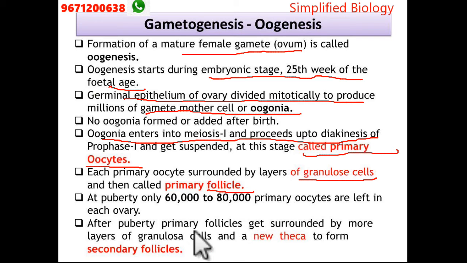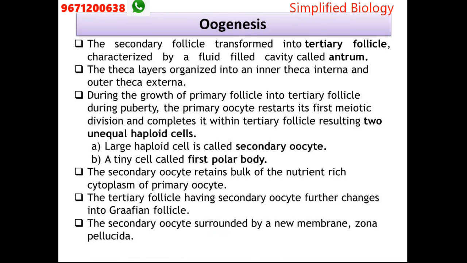Then after puberty, the primary follicle is surrounded by one more layer, the theca, to form the secondary follicle. Clear, student? Then the secondary forms the tertiary.